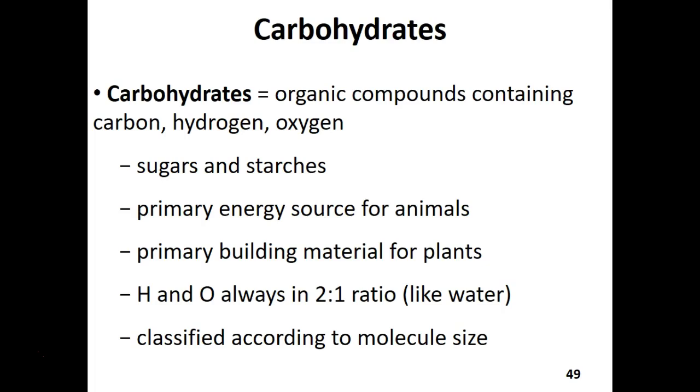Carbohydrates make up your starches and your sugars. And sugar and starch is what gives us our primary energy for animals. It also gives energy to plants, but it also produces part of the building blocks of the plant structure.